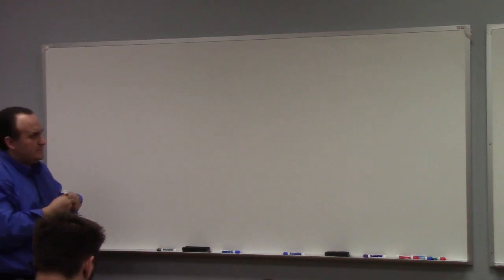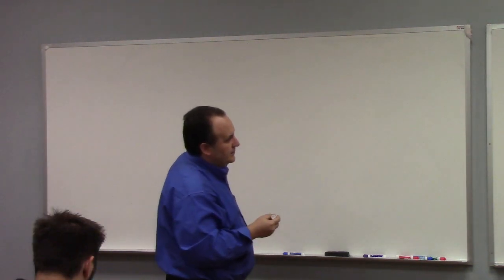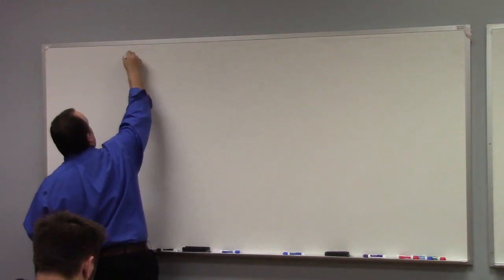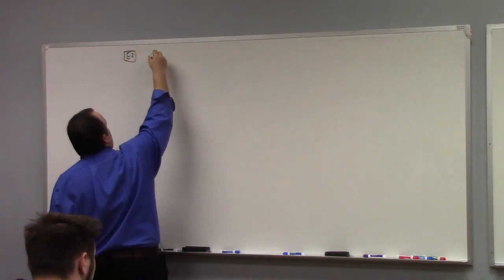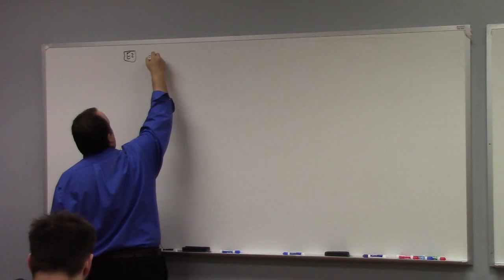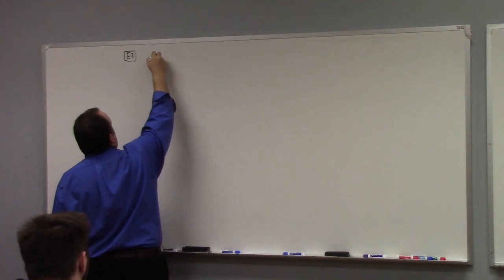So let me do an example. I guess it's example 1. I don't know, 2 maybe. So let's say, suppose you had, I'll make this really easy. Easy but not trivial.